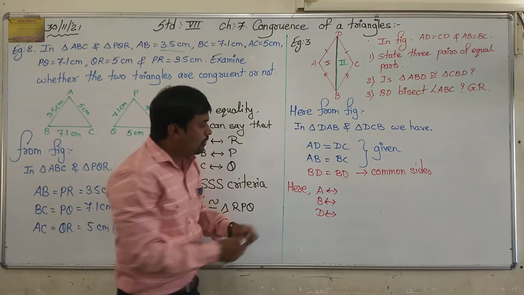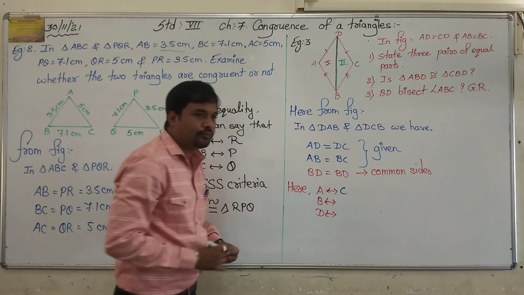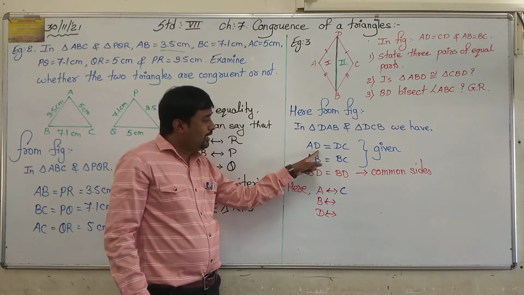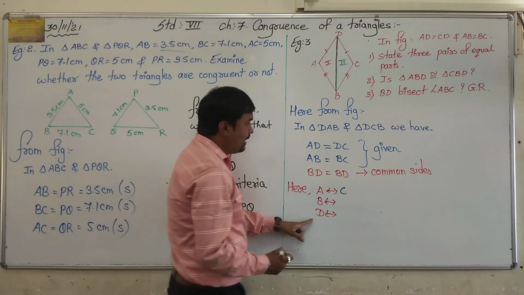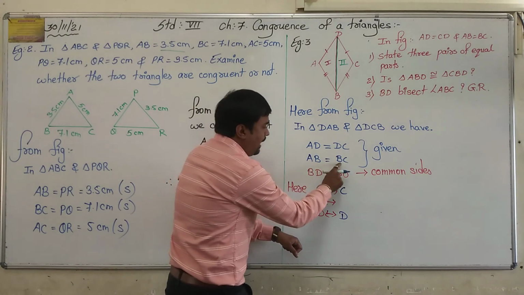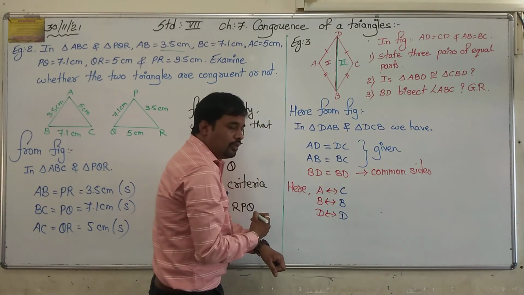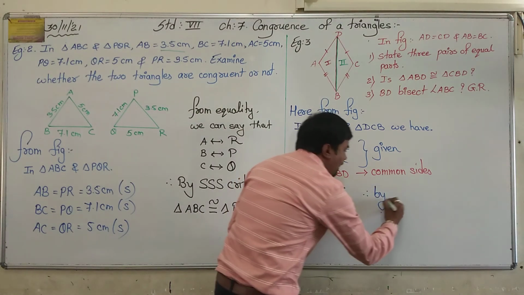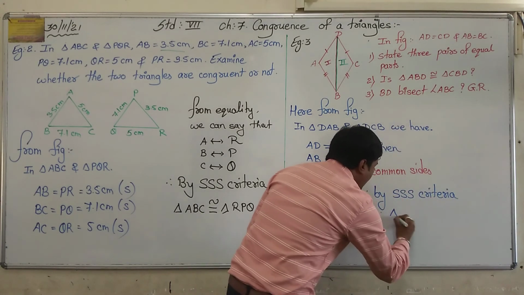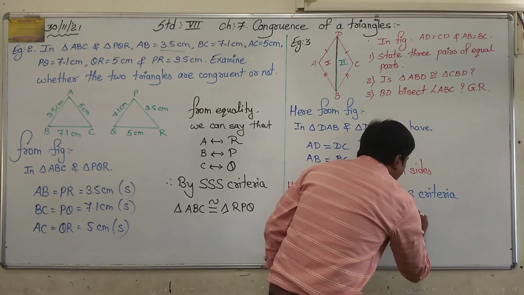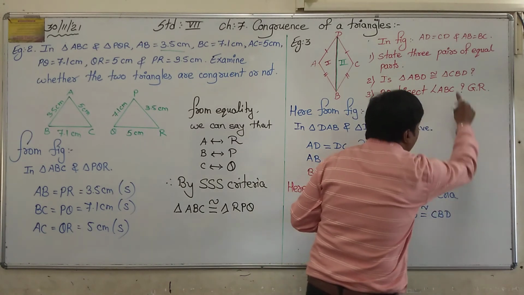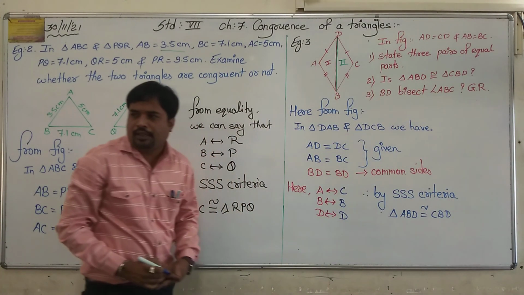C. A with C. D with D. And B with B. Therefore, by SSS criteria, we can say that triangle ABD is congruent to triangle CBD. Got it. Second part is proved.